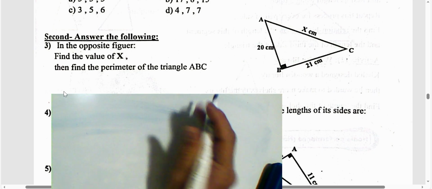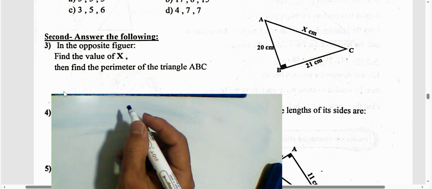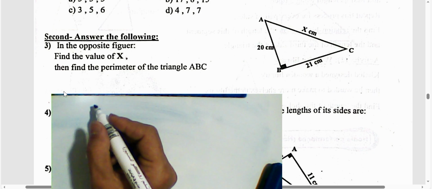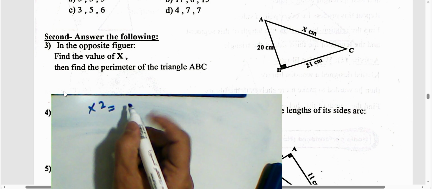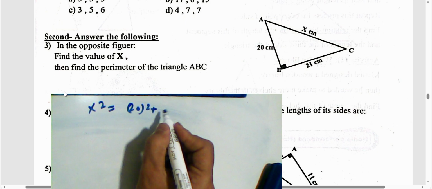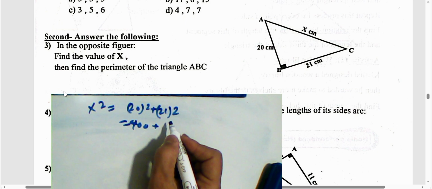Next question here, we want to find the perimeter of this triangle. We want to find the length of x first. We know from the Pythagorean theorem that this triangle ABC is a right angle triangle with the right angle at B. Then we can write x power 2 is equivalent to 20 power 2 plus 21 power 2. 20 power 2 plus 21 power 2 will be 400 plus 21 power 2.